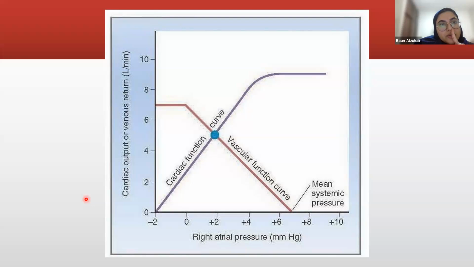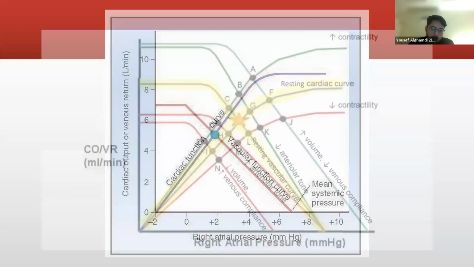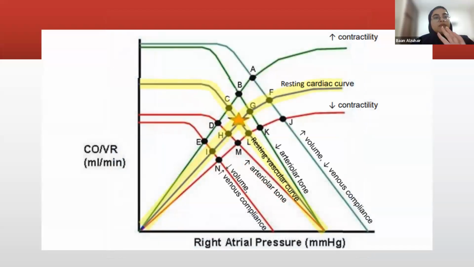Can you please switch to it, Yousef? This is from Dr. Simon's lecture. Please memorize this, and also understand it very, very well, because sometimes you'll forget what this line is. Just understand how it works.